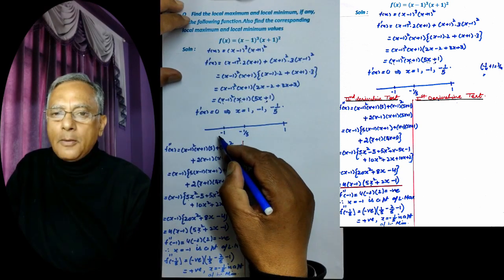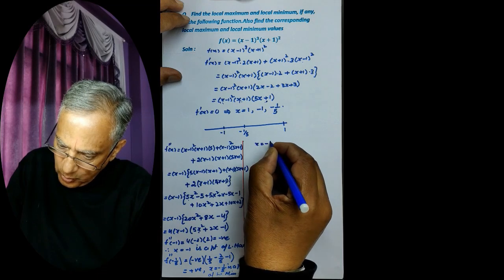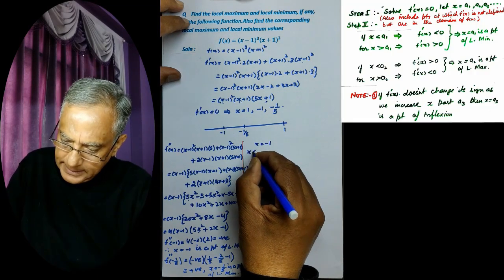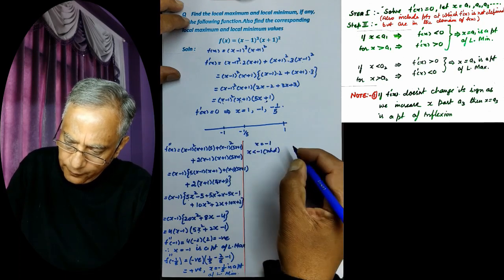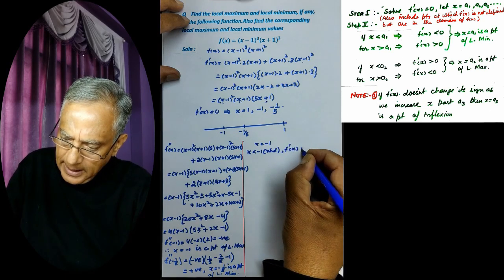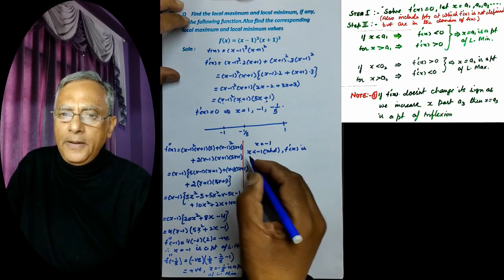Now consider the point x equal to minus 1. For x less than minus 1, in a neighborhood of this point, we will find the sign of f dash x.